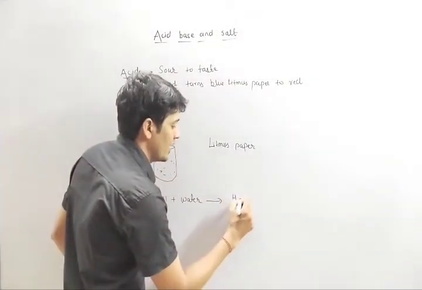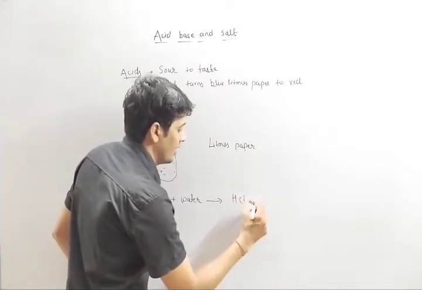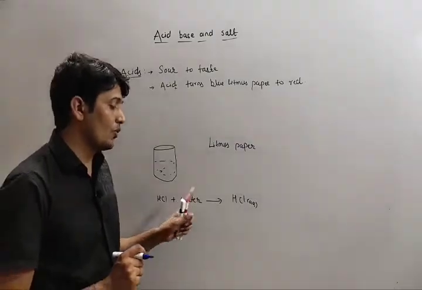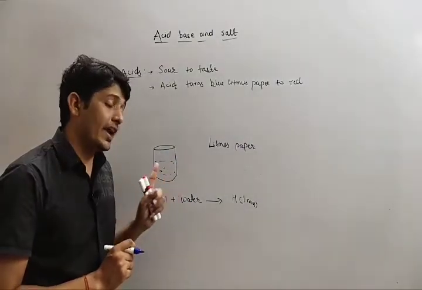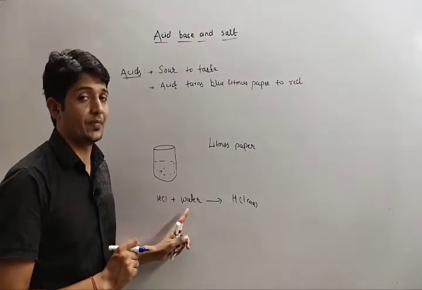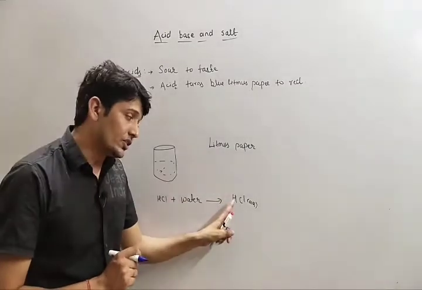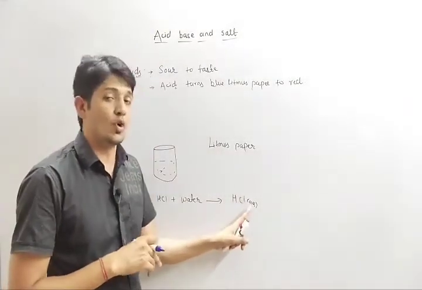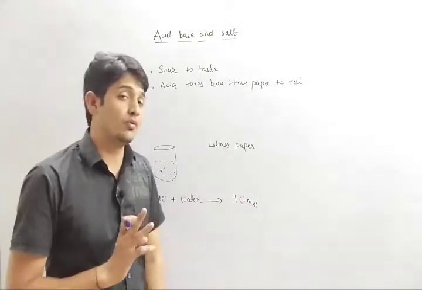So we have to write HCl and AQ. AQ is the representation of aqueous. Aqueous means aqua, and aqua means water. So this is the solution of HCl in water.